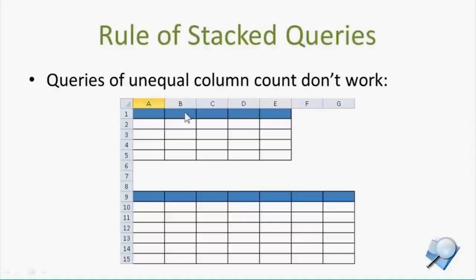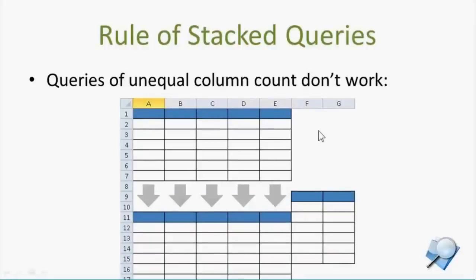If I have an unequal number of columns, all that's going to happen is the top query is only going to push down the things that are below columns A through E, which is not what I want, because it creates this kind of mess over here that I then have to go figure out how to clean up afterwards. I want to avoid that.